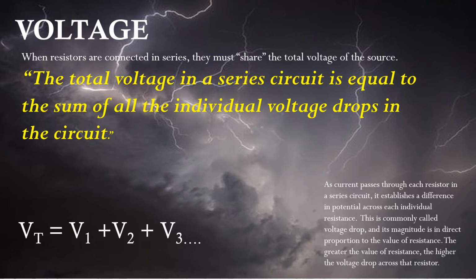As the current passes through each resistor in a series circuit, it establishes a difference in potential across each individual resistance. This is commonly called voltage drop, and its magnitude is in direct proportion to the value of resistance. The greater the value of resistance, the higher the voltage drop across that resistor.